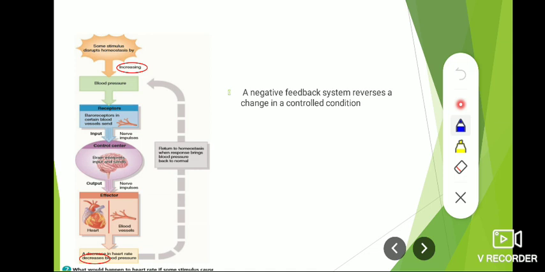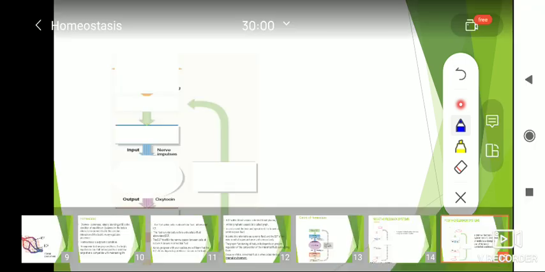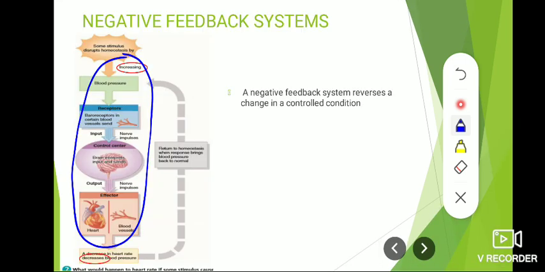This feedback mechanism is bringing things back to normal. So one of the key systems of homeostasis is negative feedback mechanisms. The example we have discussed today is blood pressure regulation. There are so many in the book, like blood sugar regulation, n number of them. You can go through the textbook and you will find them.